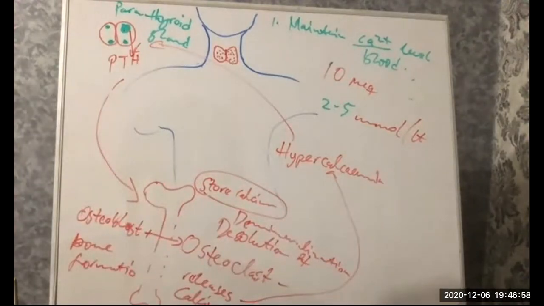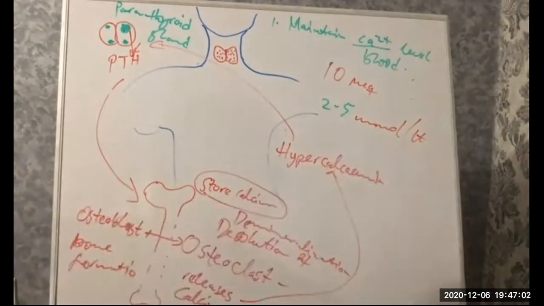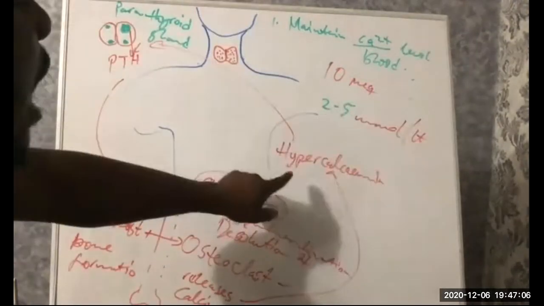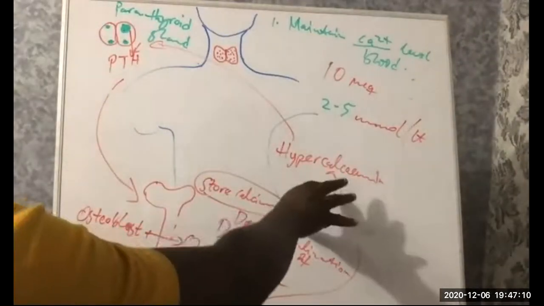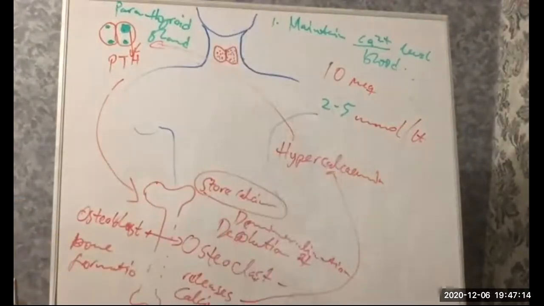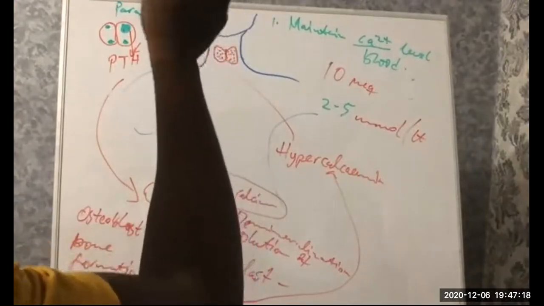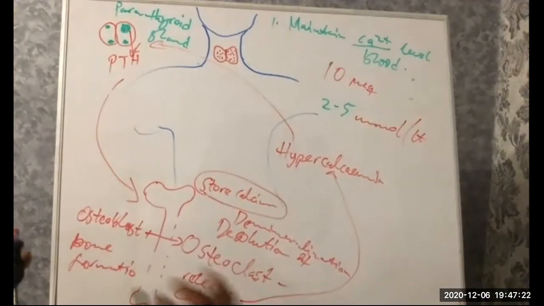Then the calcium that is released will stay in the blood and cause the calcium level in the blood to go high. And in that case, it will also deposit in the GI tract, in our vessels, and in our renal tubules. In our vessels, it will cause high blood pressure. In the GI tract, it will cause constipation. Then in our tubules, it can cause what?